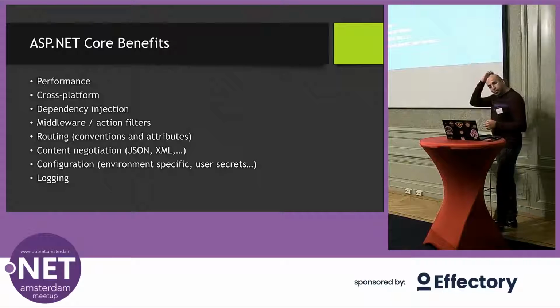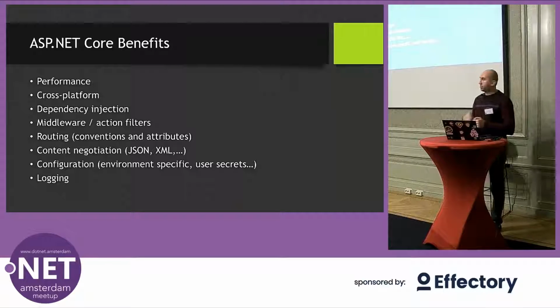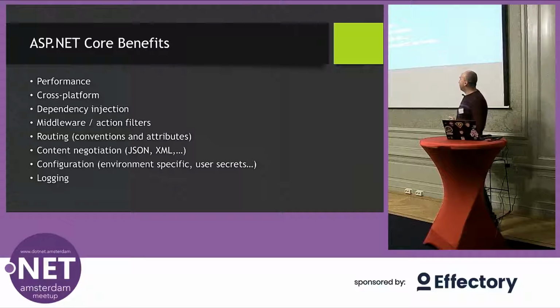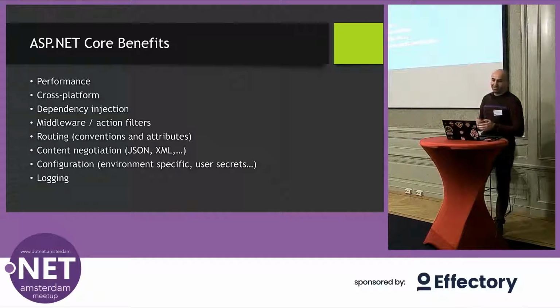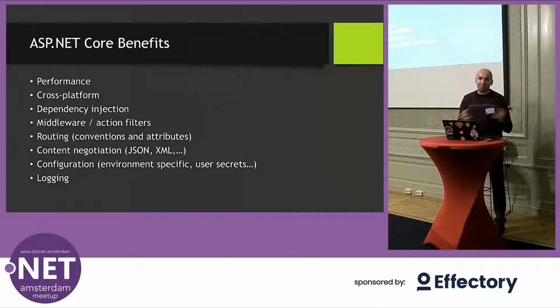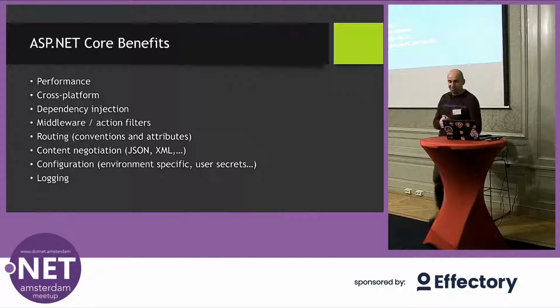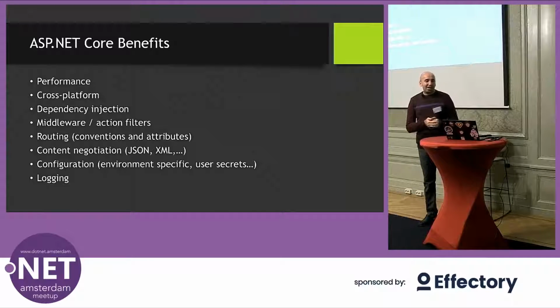Okay, so as I mentioned, the performance is far improved compared with the old framework, and that is one of the benefits that you have if you are currently on the old ASP.NET and you want to move to something better or newer.